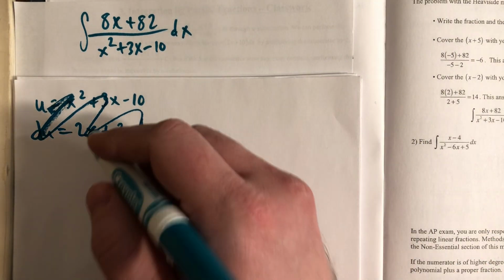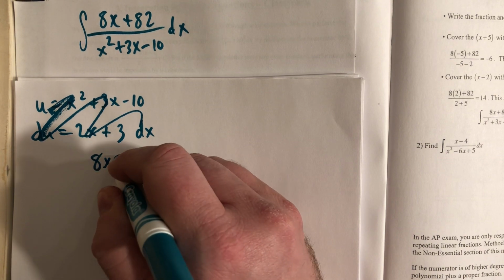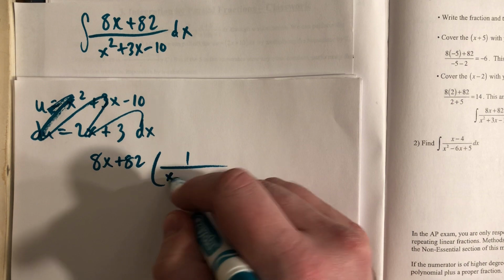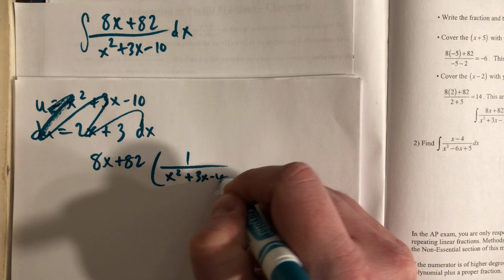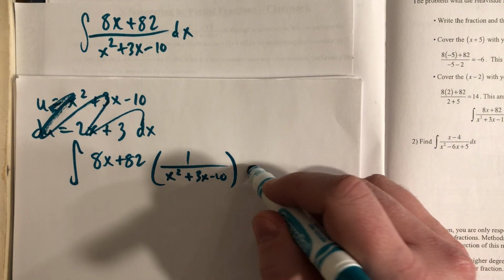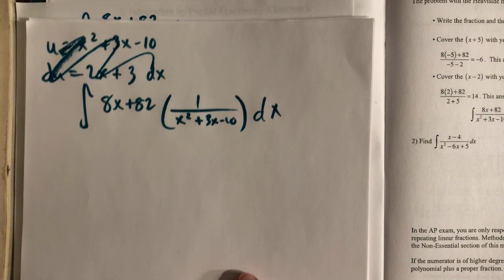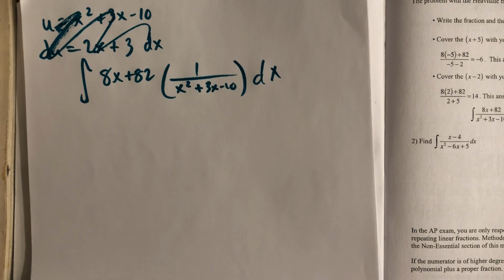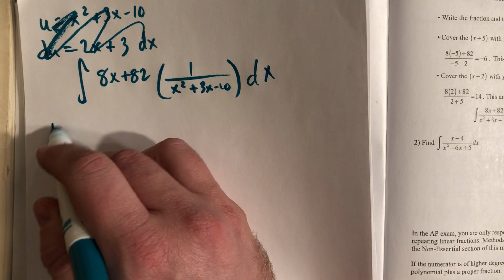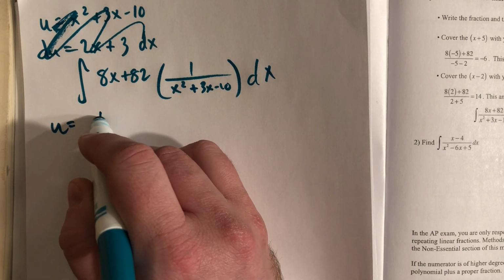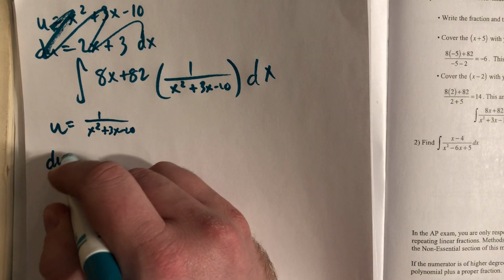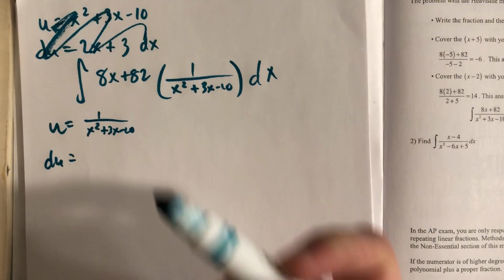So then maybe you're thinking, I could think about this as 8x + 82 times 1 over x² + 3x − 10. Could I do a parts on this? I'm not gonna lie, this is a half-hearted effort, but let's see. Let's say u is equal to 1 over x² + 3x − 10. That would make du equal to, since this is to the negative first power, negative (2x + 3) over (x² + 3x − 10)² dx.